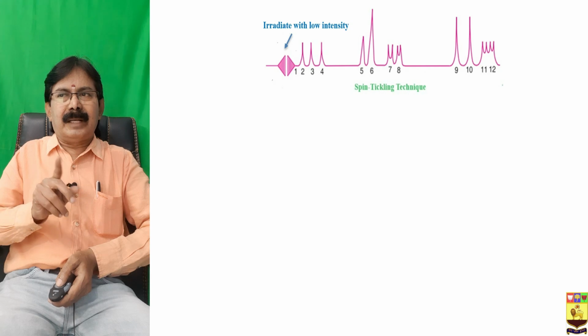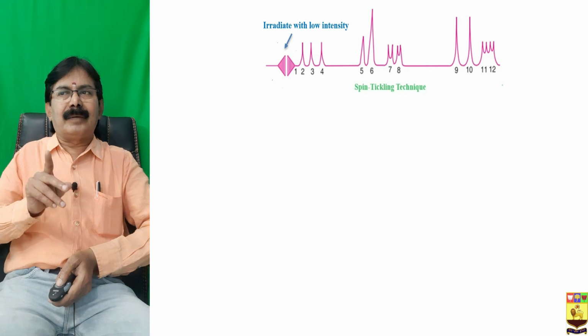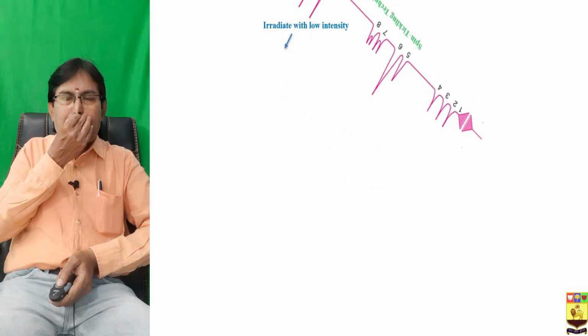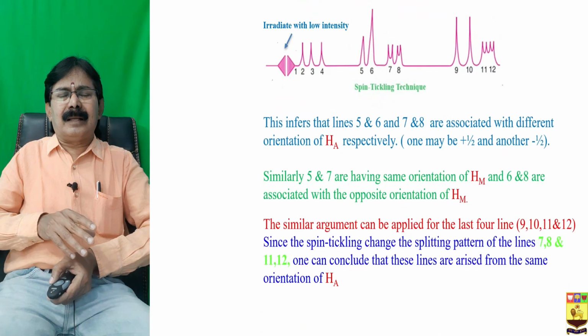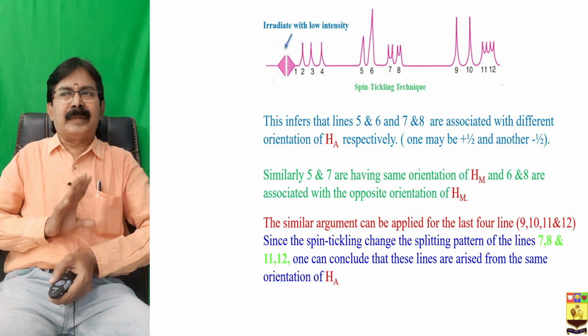Let us see peaks 7 and 8, and 11 and 12, that are disturbed. So we can get the further information that this infers that lines 5 and 6 and 7 and 8 are associated with a different orientation of HA, respectively.